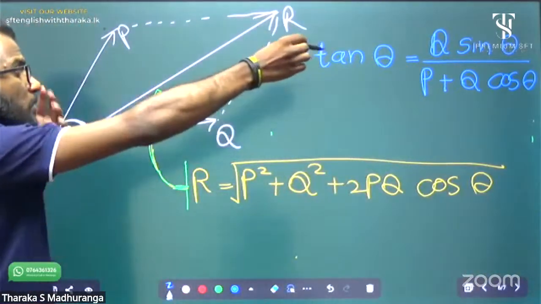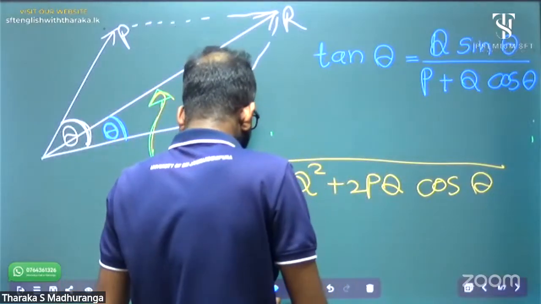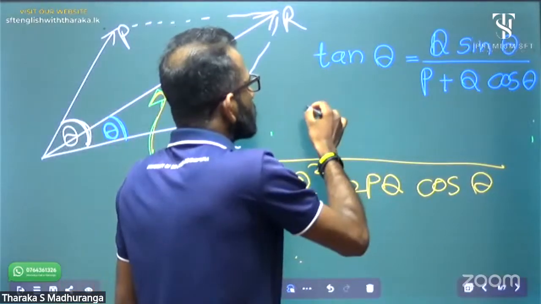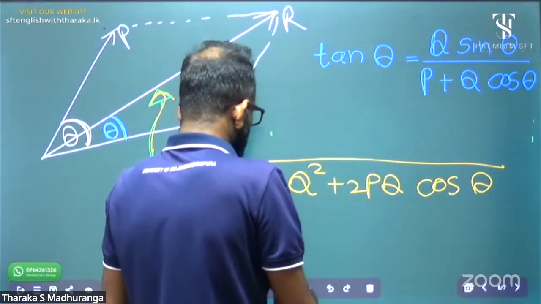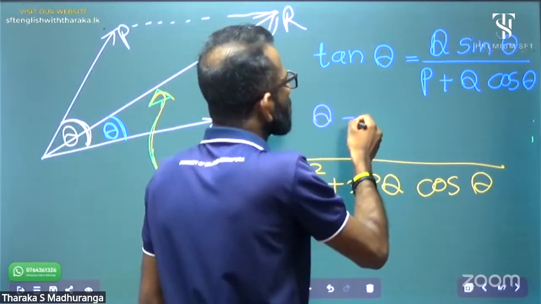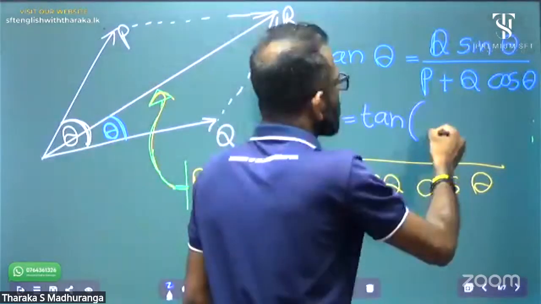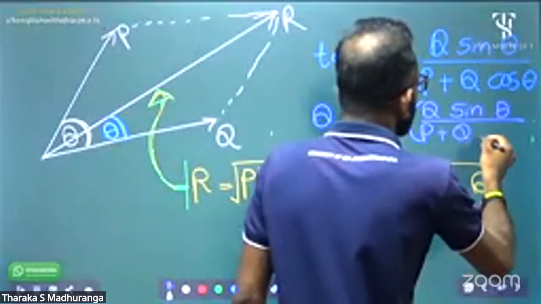Now, what is my requirement to calculate theta? Theta equal tan inverse, Q sine theta divided by P plus Q cos theta.